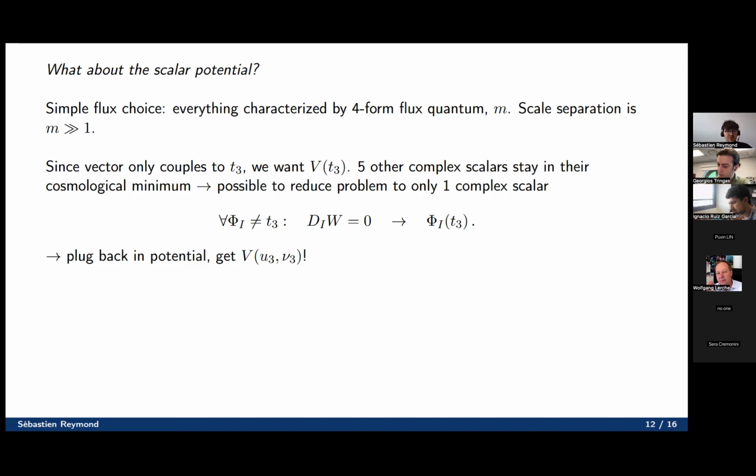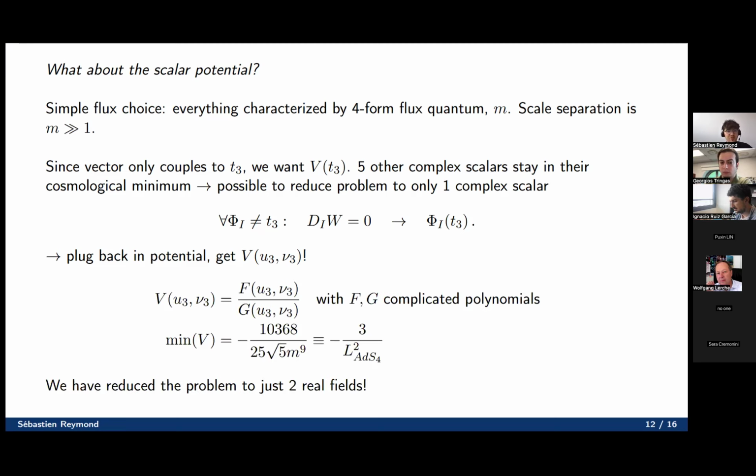For all the scalars that are not T3, you solve the F-term equations in terms of T3, so you get φ_I of T3, plug that back in the potential, and you get an effective potential for u3 and ν3. Now, this potential, unfortunately, I couldn't fit in the slide. It's a ratio of two complicated polynomials, but okay, we have an explicit expression. We can work with it in Mathematica. It's just a bit long.